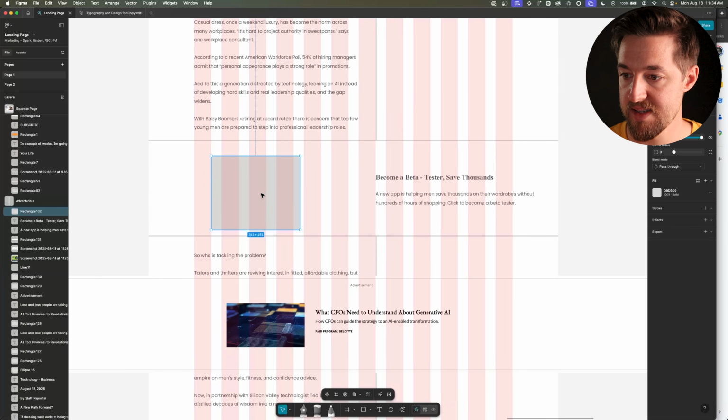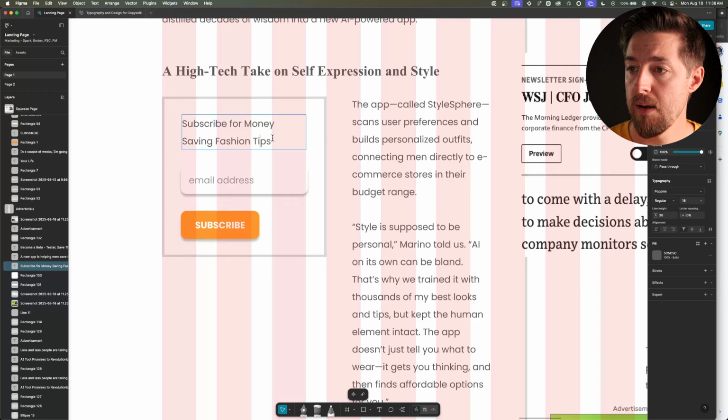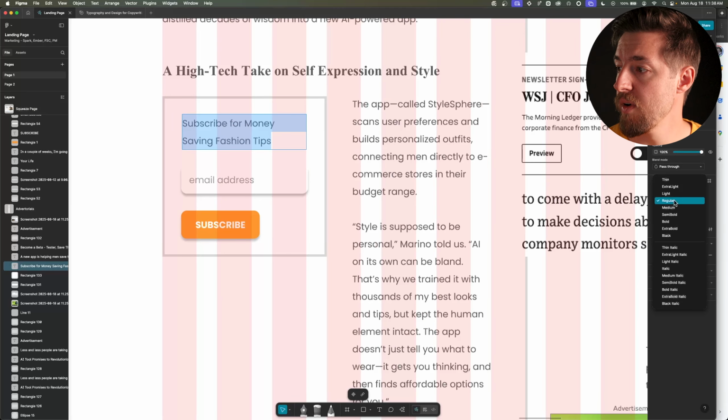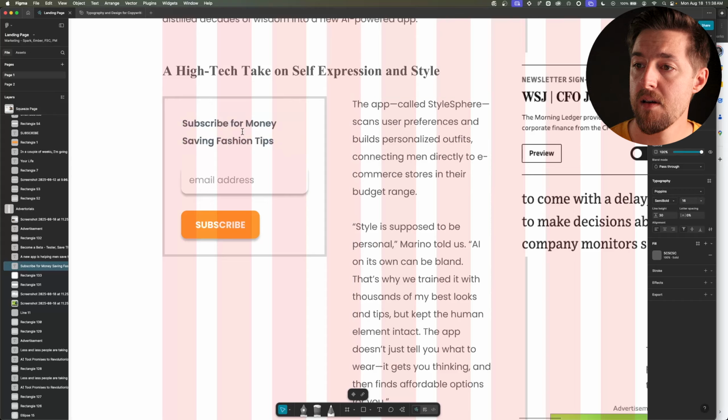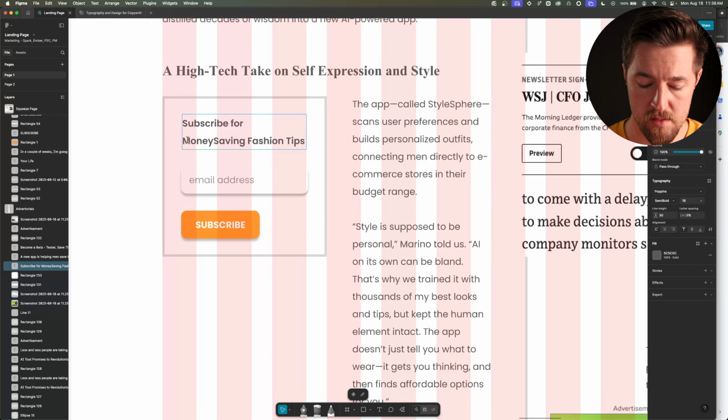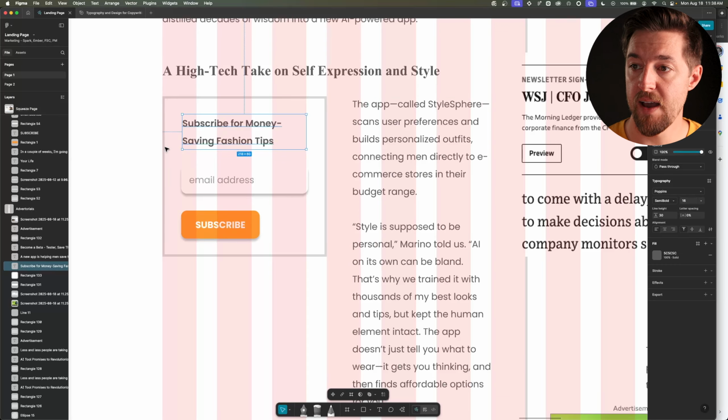Put that right there. That needs to be a little bit smaller. Okay, we're gonna go a little bit more aggressive there with our font for money saving fashion tips.